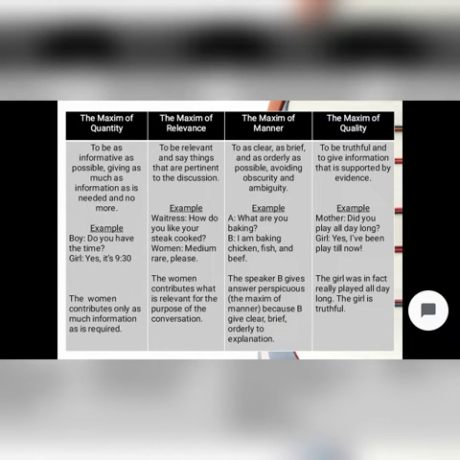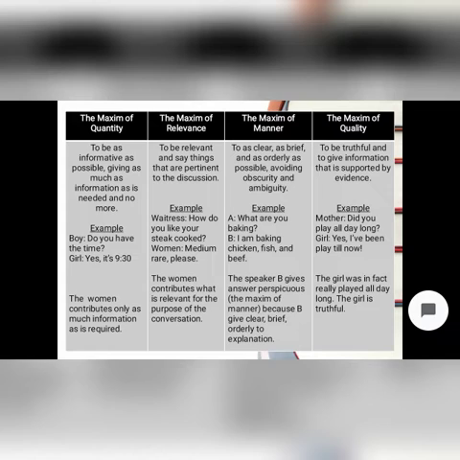So here we are. Let's see. First, the maxim of quantity. To be as informative as possible, giving as much information as needed and no more. So, the maxim of quantity means make a contribution as informative as required, neither less nor more informative than required for the current purpose of the exchange.